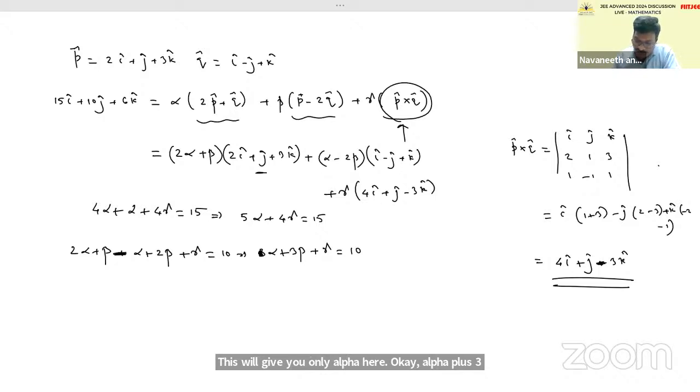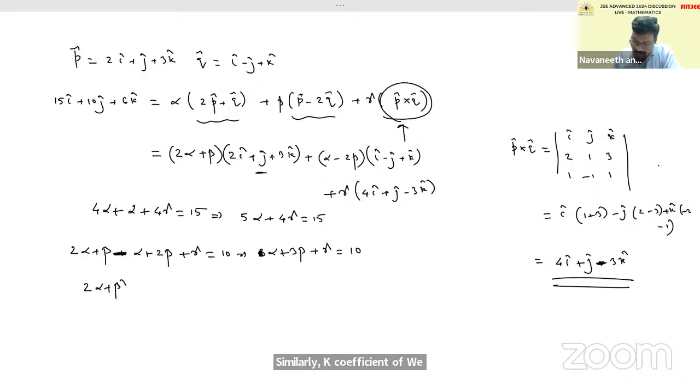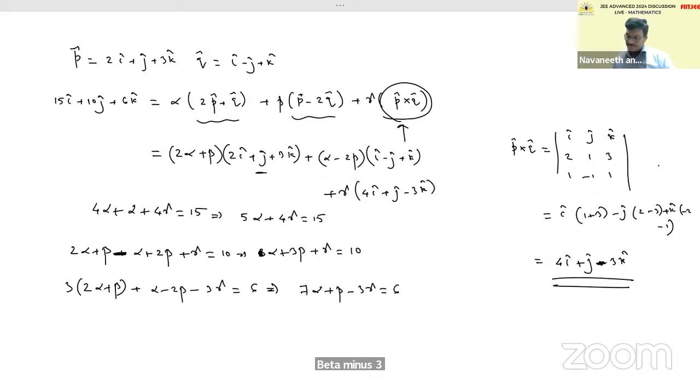Similarly, if we equate the k coefficient, we get 3 times (2 alpha plus beta) plus (alpha minus 2 beta) minus 3 times gamma, which gives you 6. Evaluating this, we get 7 alpha plus beta minus 3 gamma equals 6.